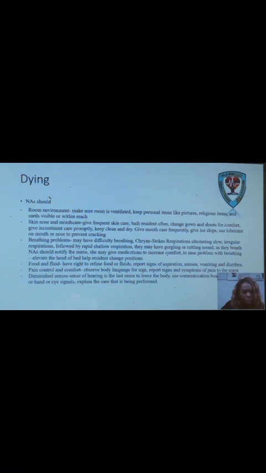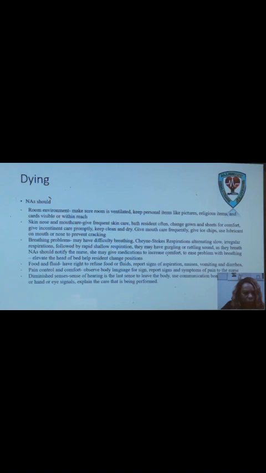If the resident is experiencing Cheyne-Stokes respirations, the nurse may be able to give some medications to increase comfort, to ease the problem with breathing, to assist this resident as they make their transition. You can also elevate the head of the bed and help the resident to change positions to improve their breathing.